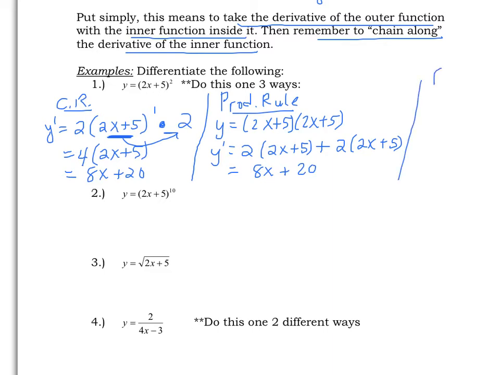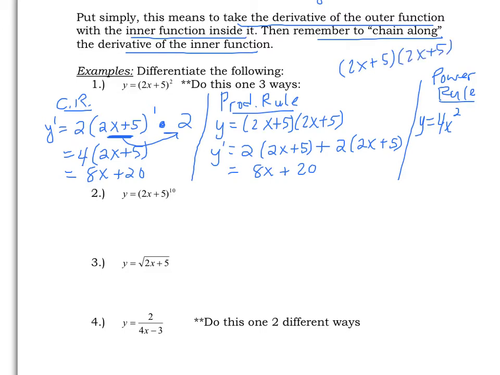And the last way, if we were to use the power rule. So if we were to simplify this function, if we were to multiply it out, we would have 4x squared. And then we would have, again, what I'm doing here, we have 2x plus 5 times another 2x plus 5.